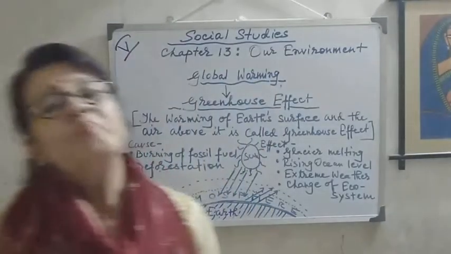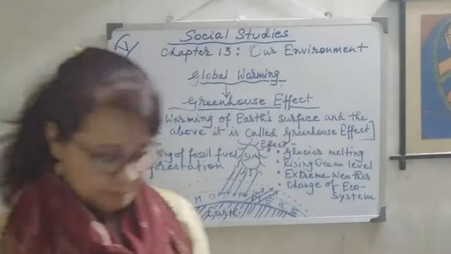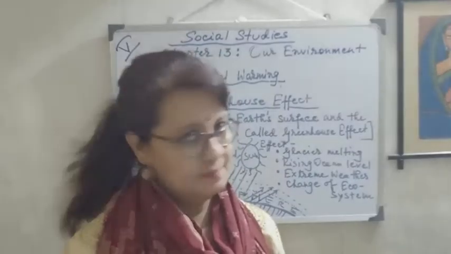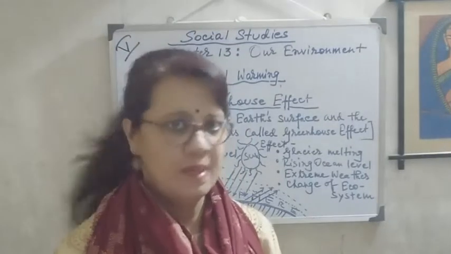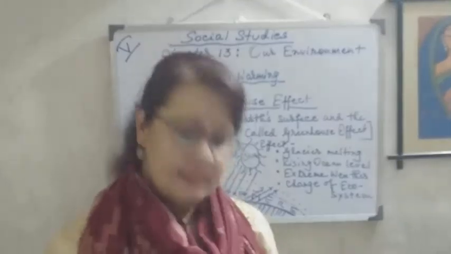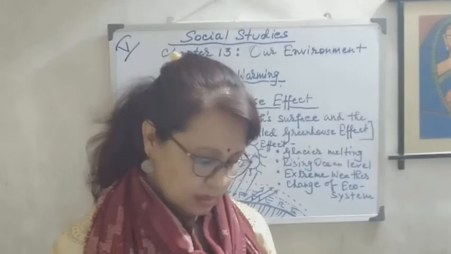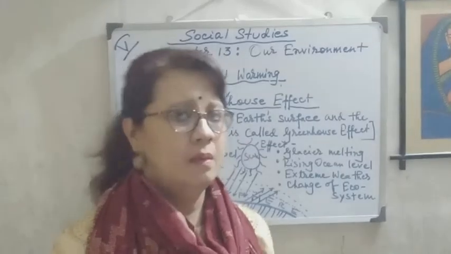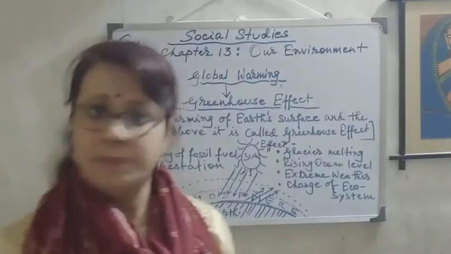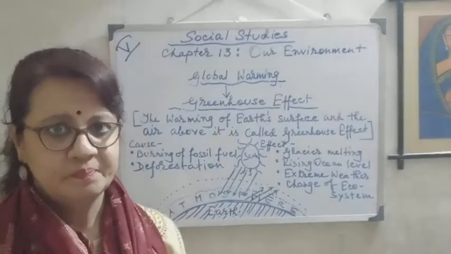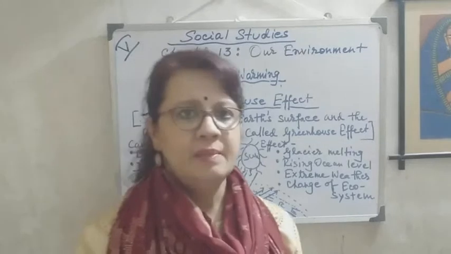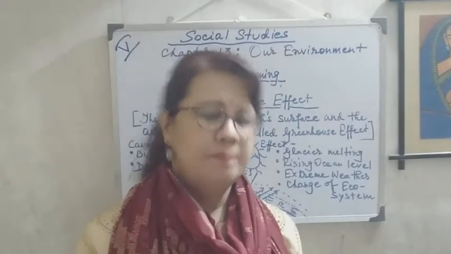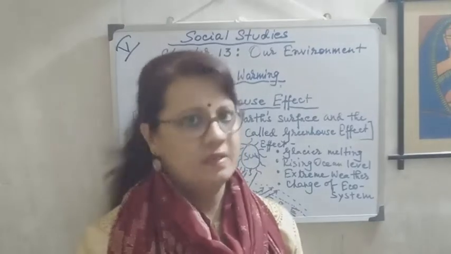And you know that individual plants and animals cannot exist by themselves. They cannot survive by themselves. Animals depend on plants for their food, and some animals, carnivorous animals, eat the flesh of other animals.